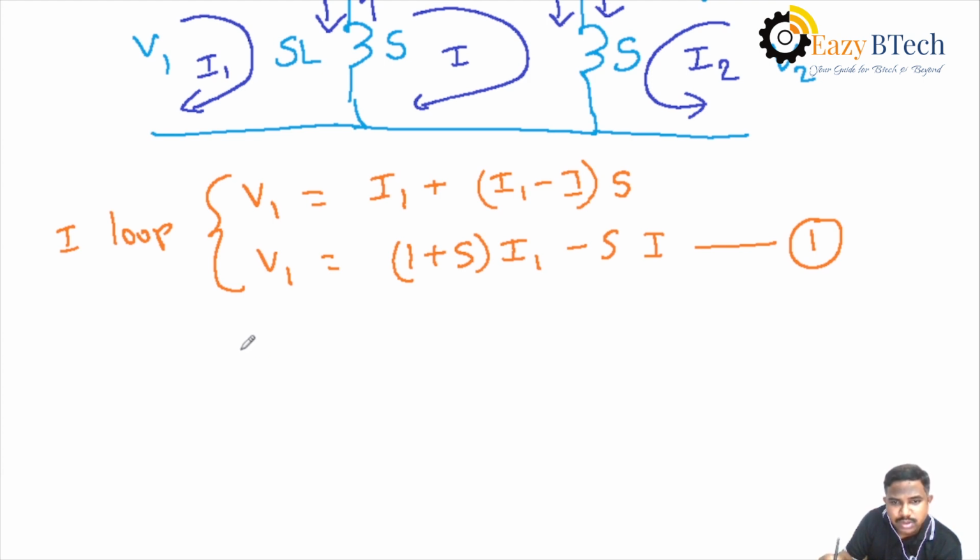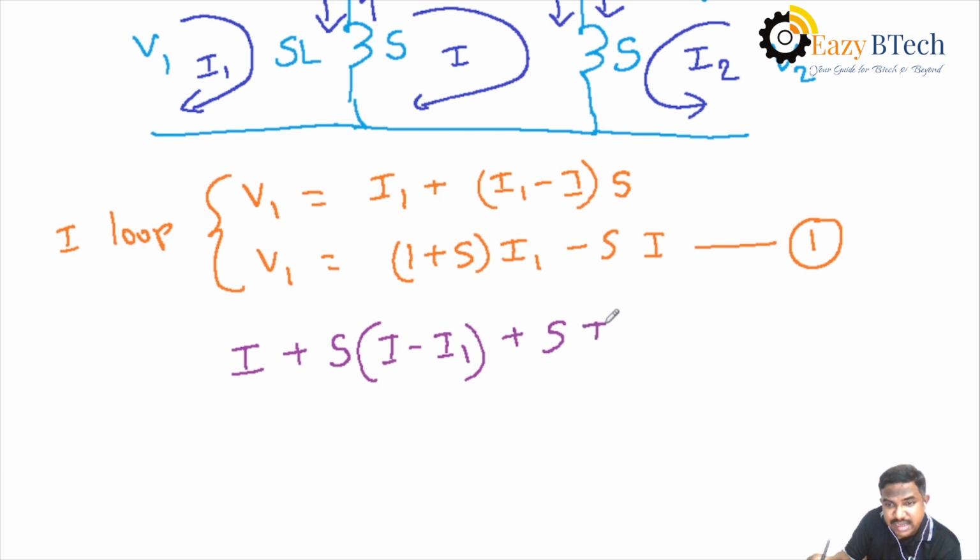Across 1 ohm, the drop is 1 into I, plus for the first S, the drop is (I minus I1), both in reverse direction, and for the second S, both currents are in the same direction. That's why (I plus I2). There is no voltage source, that's why it equals 0.